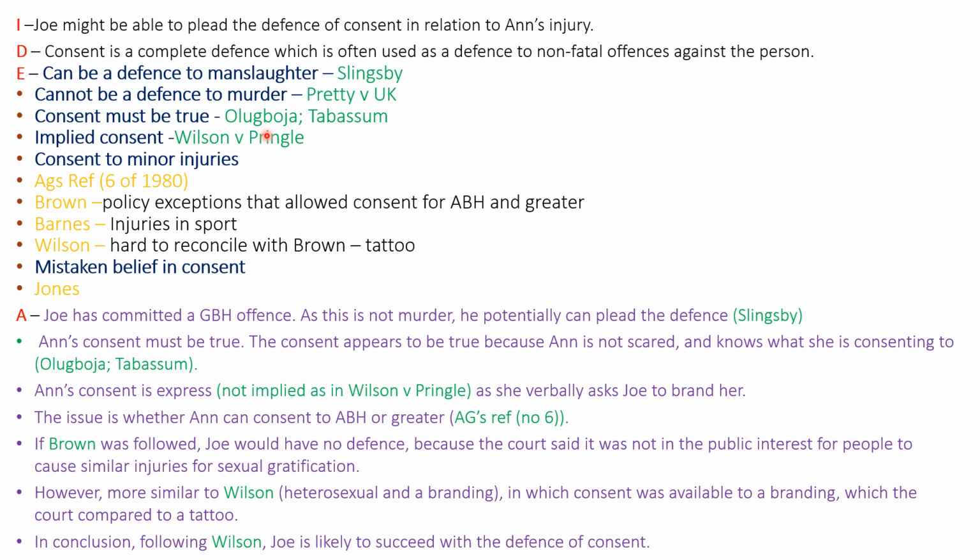Another case on this point would be Tabassum, which again had some really interesting facts. This was where the defendant was misleading patients in hospital. He was misleading them to believe that he was conducting some sort of scientific research, when actually that was just a front so that he could assault patients.